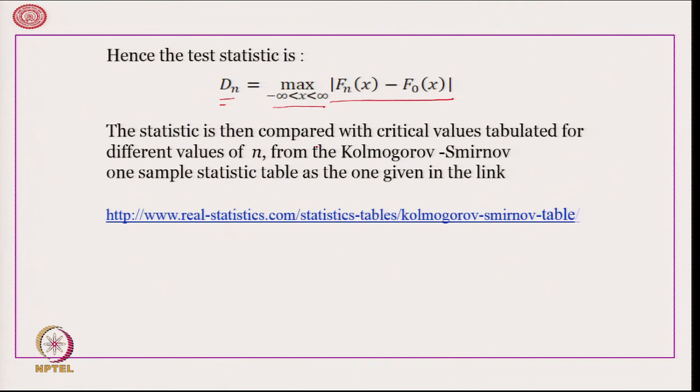This statistic is then compared with critical values tabulated for different values of n from the Kolmogorov-Smirnov one sample statistic table, as the one given in the following link. So, I am giving you here a link to check Kolmogorov-Smirnov cutoff values or critical values for the one sample test.